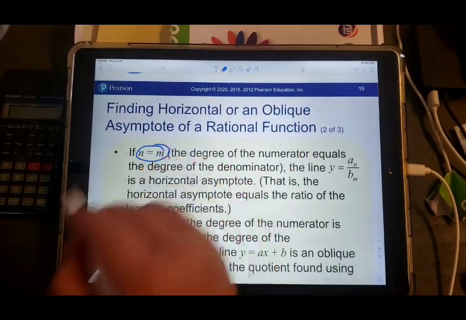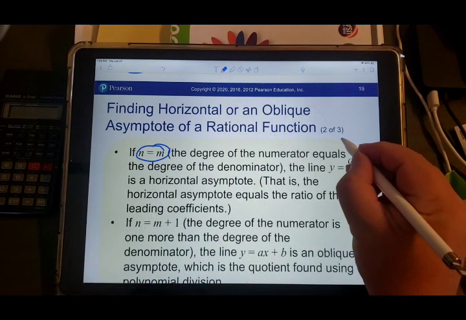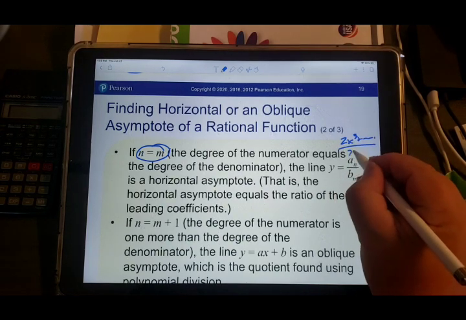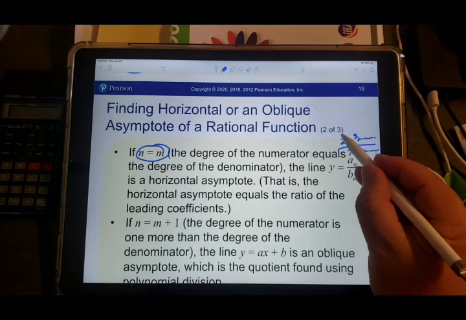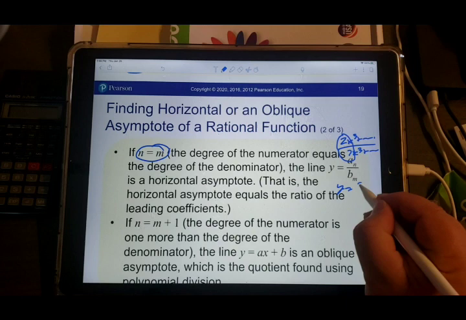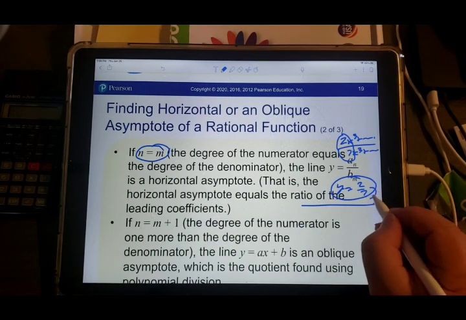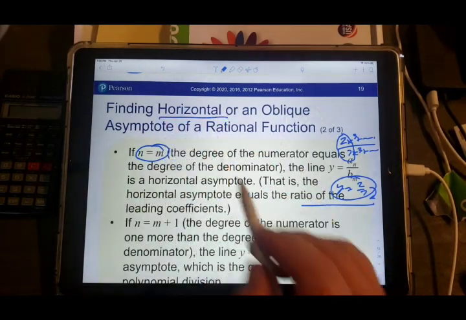If they're equal, like 2x cubed over 7x cubed, you just grab these coefficients. y equals 2 over 7. That's the horizontal line, 2 over 7. Remember, we're looking for horizontal asymptotes.